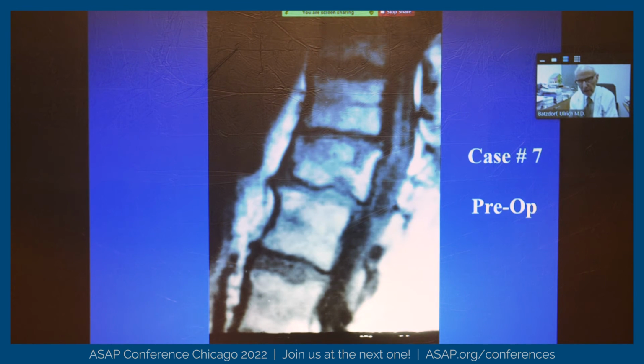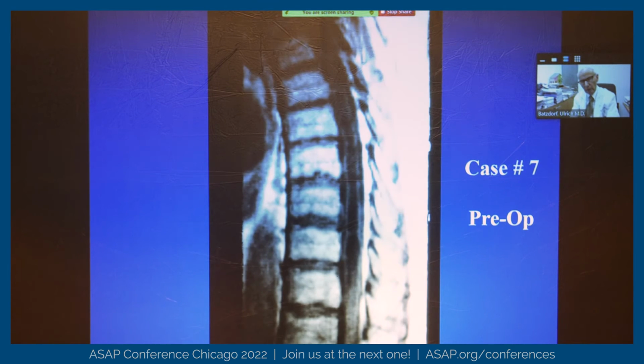Here's another case where a similar kind of situation in the lumbar region, and you can see the irregularity in the bone in the front and the cystic cavity in the spinal cord behind it, lobulated. Next. And the syrinx cavity extends all the way up into the thoracic region from this lumbar injury. Next.